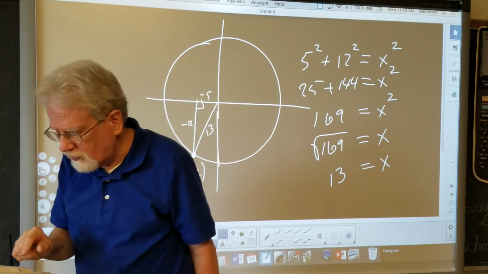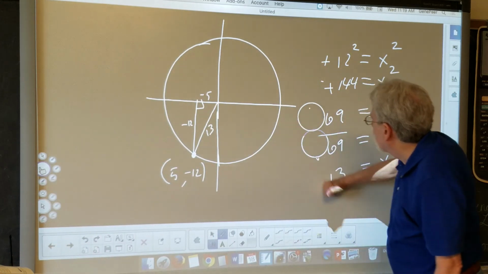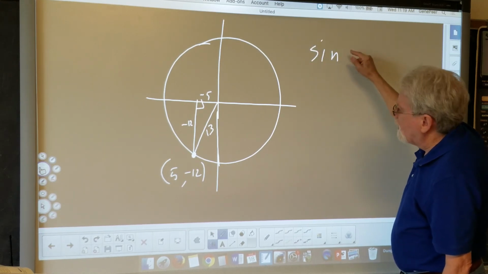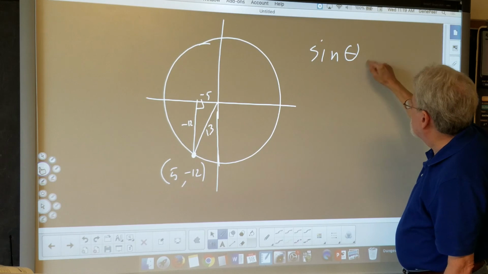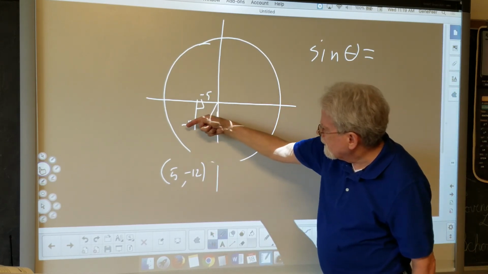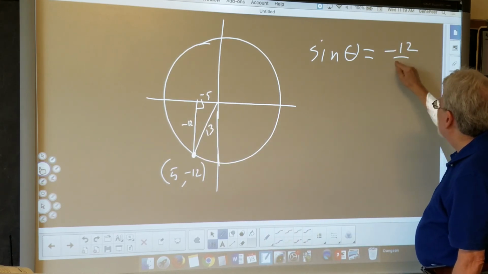Now you use SOHCAHTOA to find your functions. For instance, sine of your theta will be opposite over hypotenuse, which is negative 12 over 13, so it's negative 12 thirteenths.